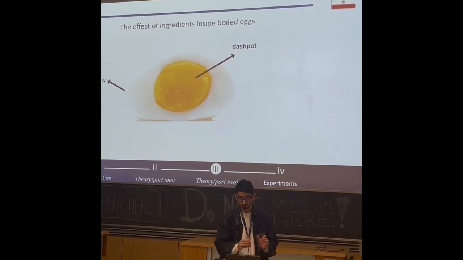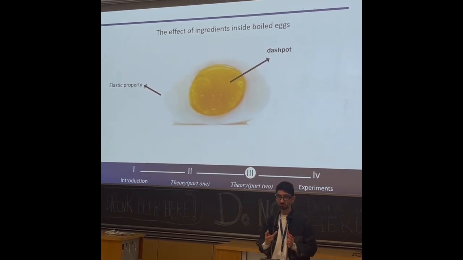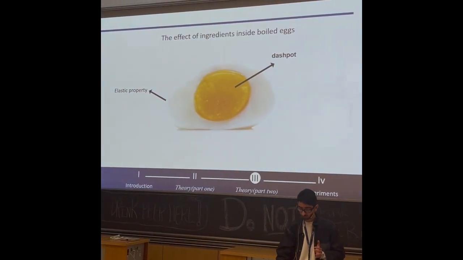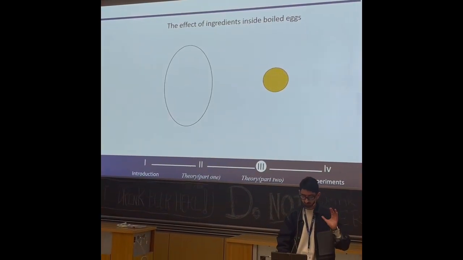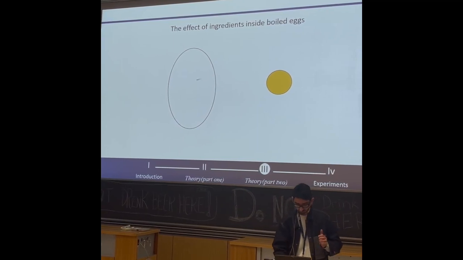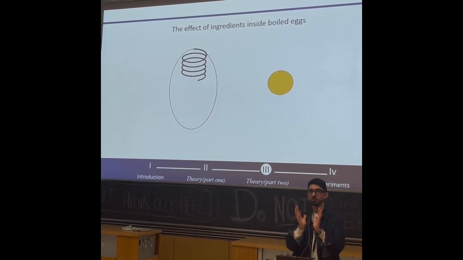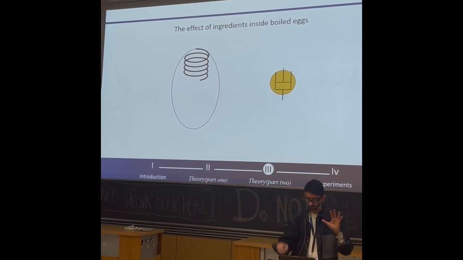The yellow part, the yolk, works like a dashpot. We can model it like a dashpot. For example, the white part, as I say, has elasticity, and the yellow part we can treat like a dashpot.